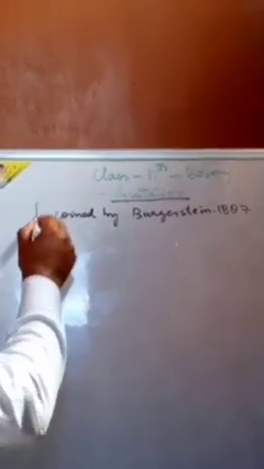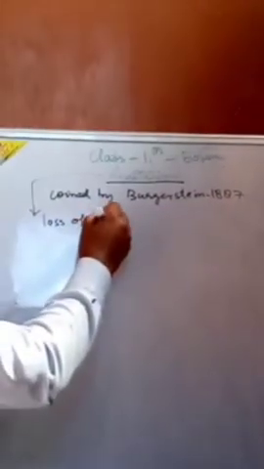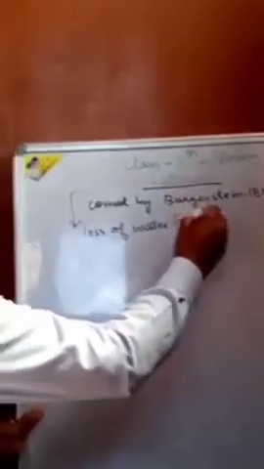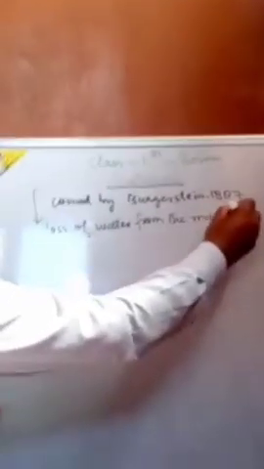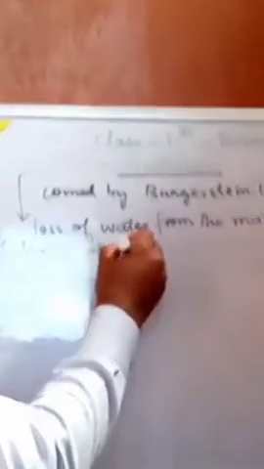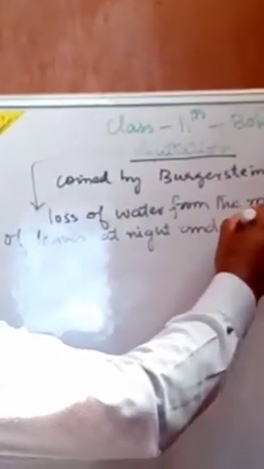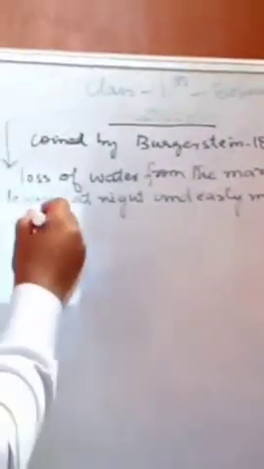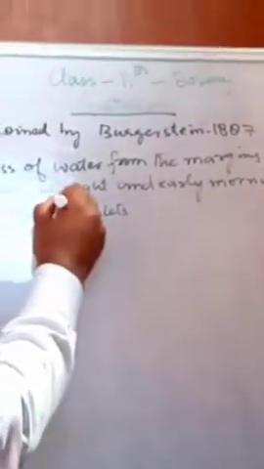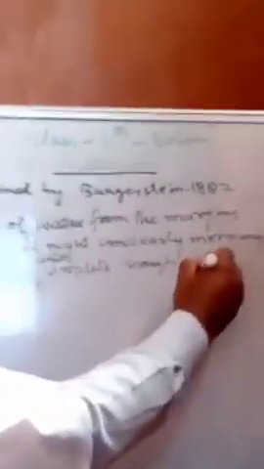Now, what does this term guttation mean? The term guttation simply means loss of water from the margins of leaves at night and early morning in the form of water droplets through hydathodes.